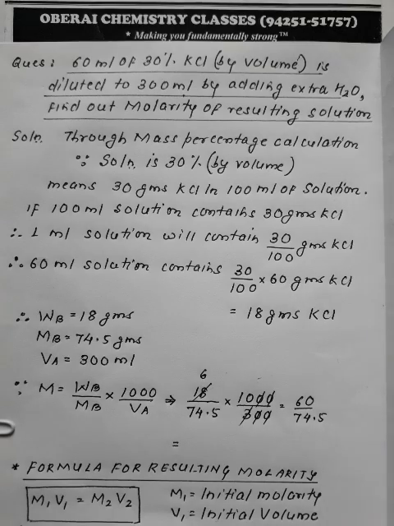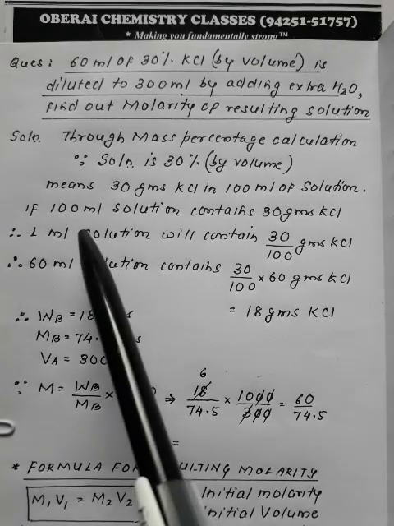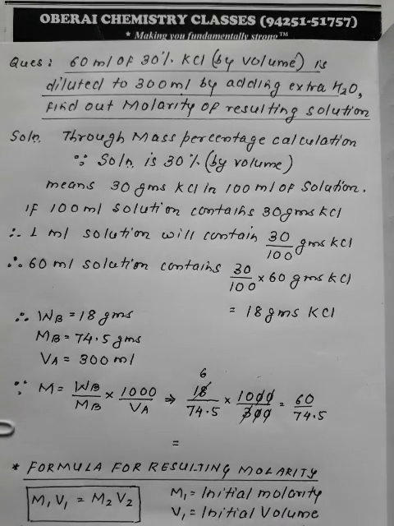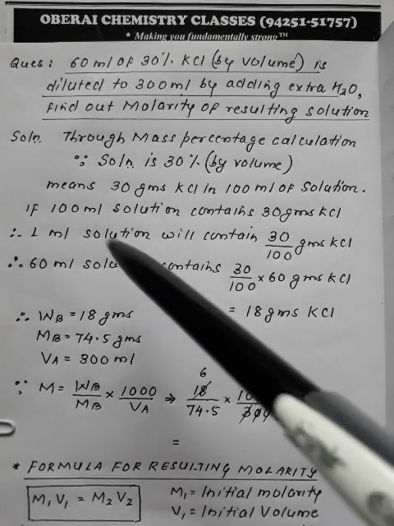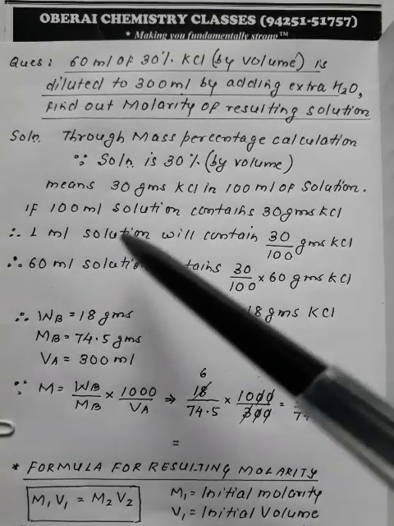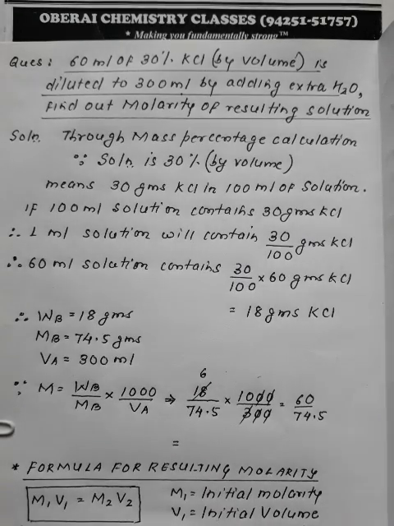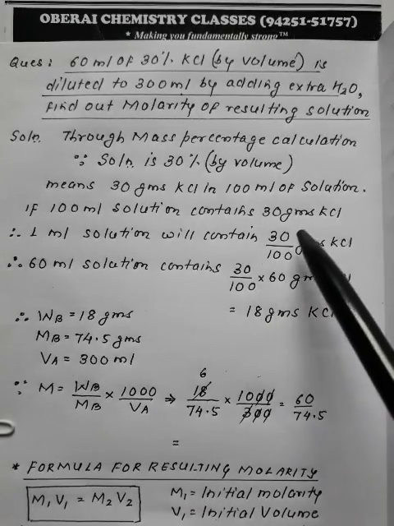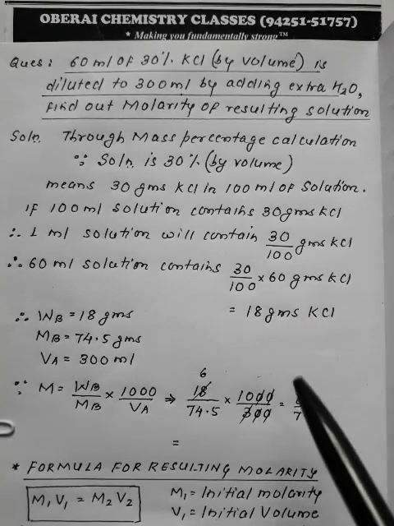Since 100 ml of solution contains 30 grams of KCl, therefore 1 ml of solution will contain 30 by 100 grams of KCl.